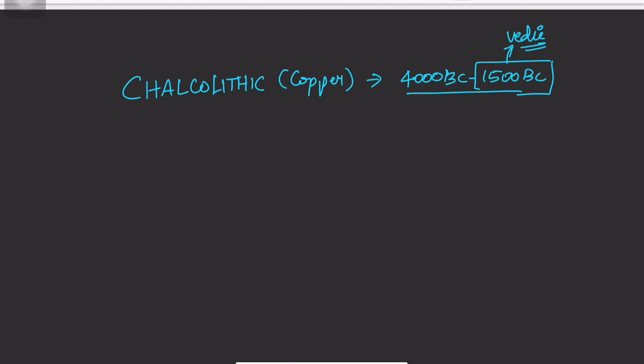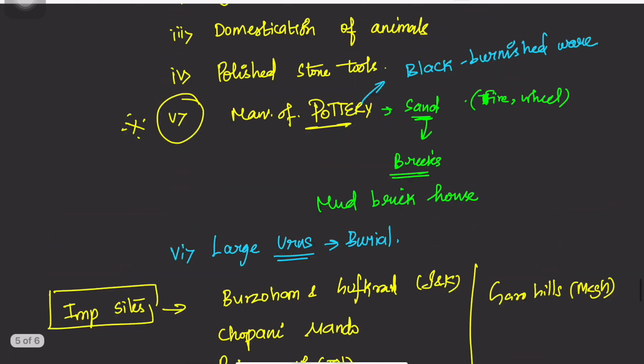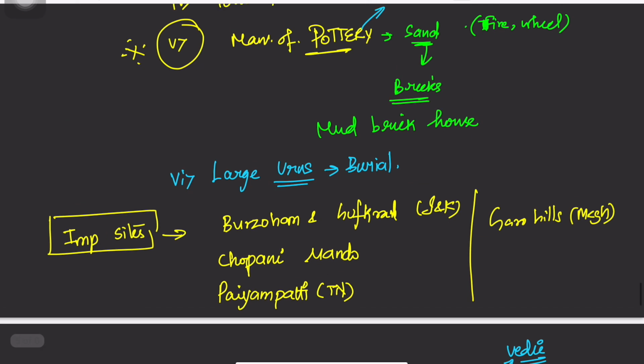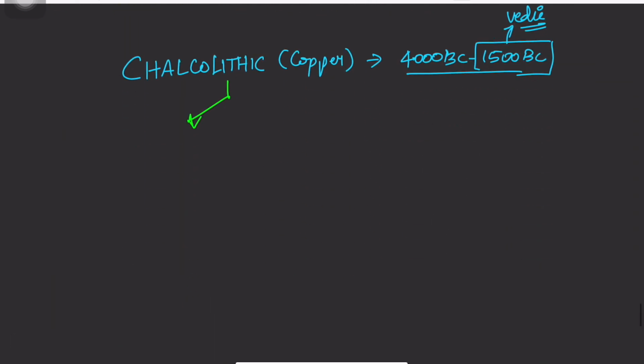Okay, how to define Chalcolithic people? You can say Neolithic people were barbarians, but they started sedentary life. But Chalcolithic people evolved from barbarians, but they are not urban people like IVC. Also, they are not Harappans. They are different.